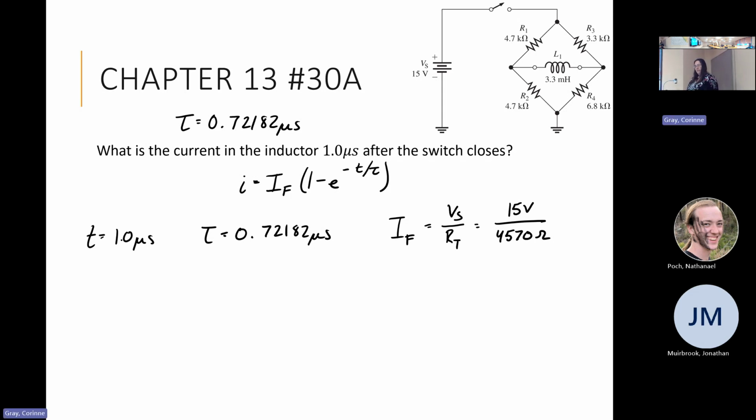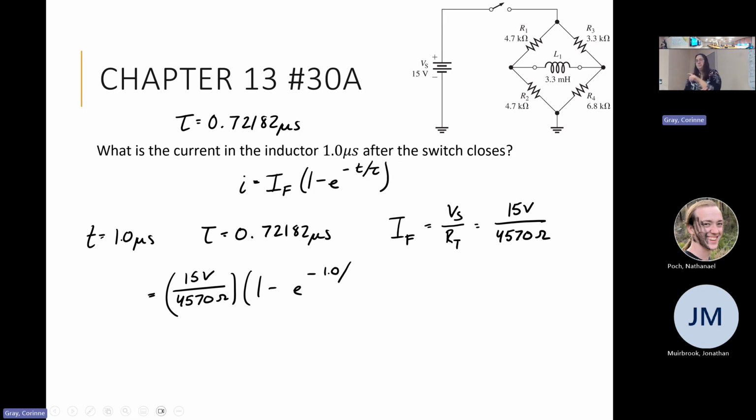So now that we have all of this here, are we good to go through and solve? Yeah, so right now it's a plug and chug. I just like to do it all at once because I felt lazy when I was doing this. 4,570 ohms, 1 minus e to the negative.